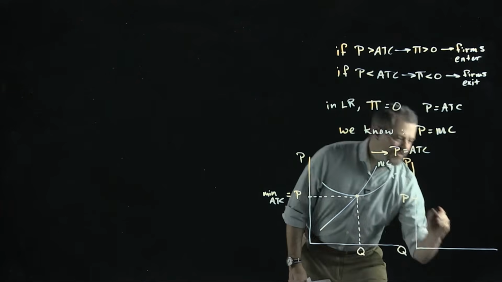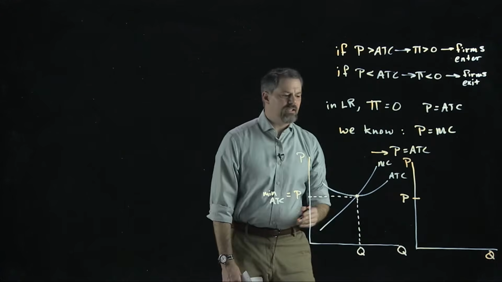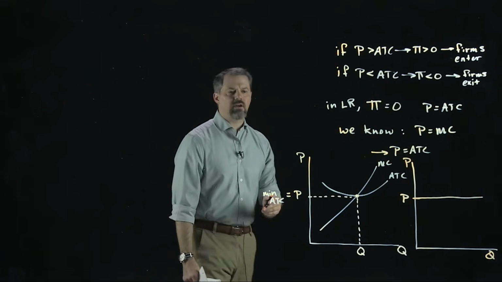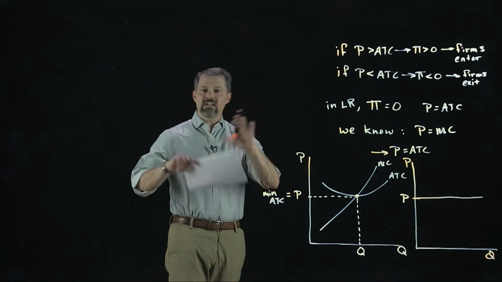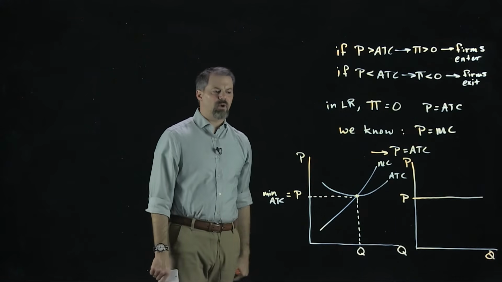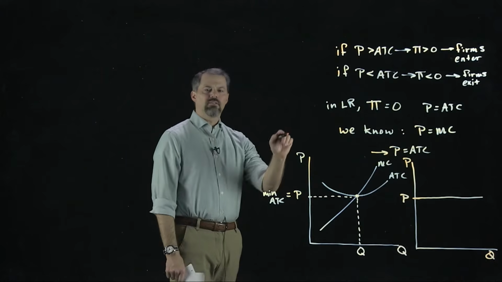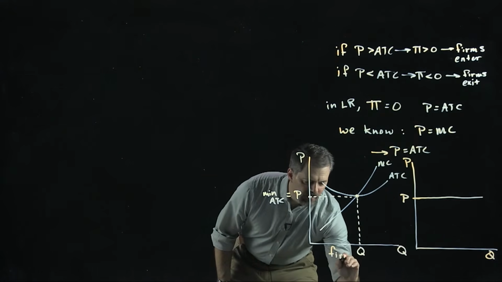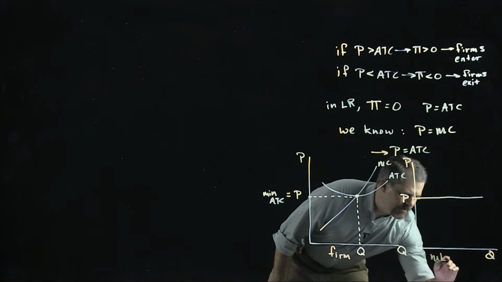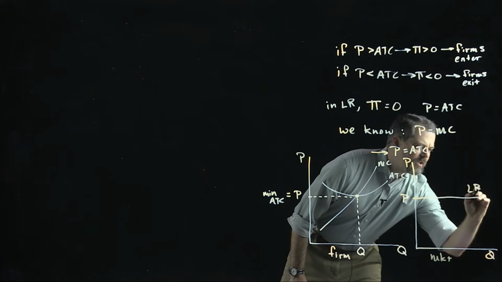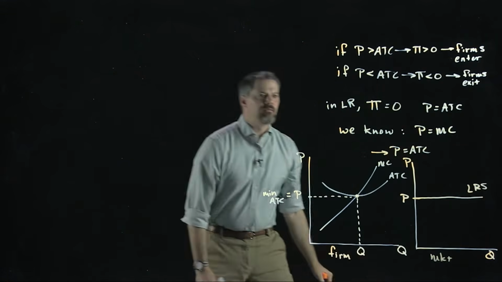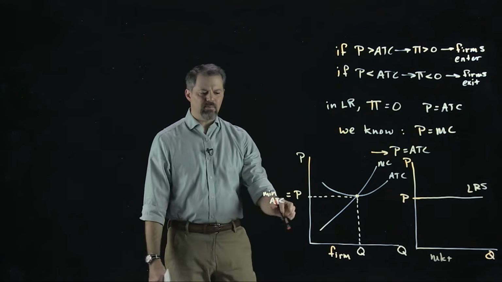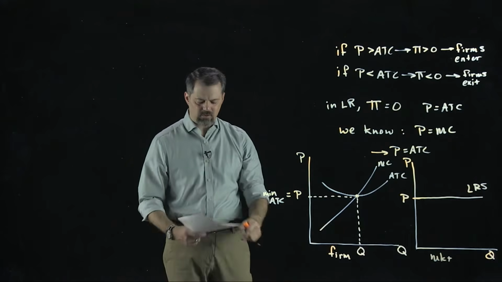So if we're thinking about what the market supply curve looks like, it's going to be horizontal. The long-run market supply curve, given the assumptions we've made in a competitive market, is going to be perfectly elastic. So here's our firm, and right over here's our market, and this is the long-run market supply curve in a perfectly competitive market. Price is going to be driven to equal the minimum average total cost.